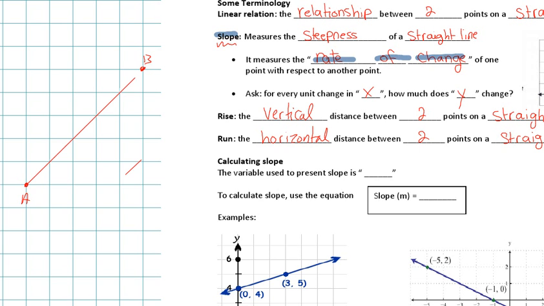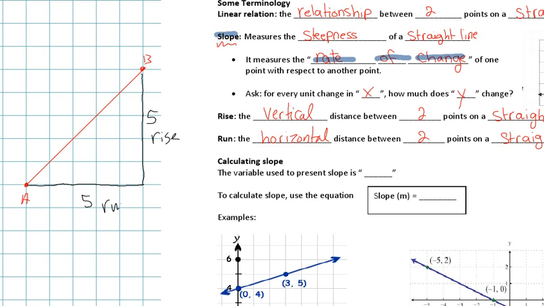And you told me I have to go 5 to the right, 5 steps, and then I have to go 5 up. This is your rise, because you're going up. Rise could be up or down. Run could be left or right because you're running horizontally. So this is your rise, and this is your run.